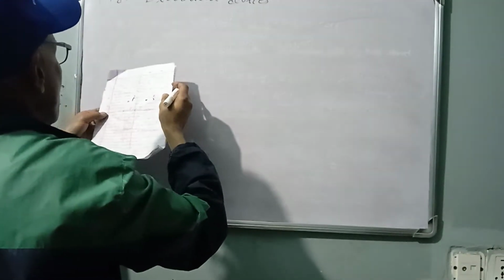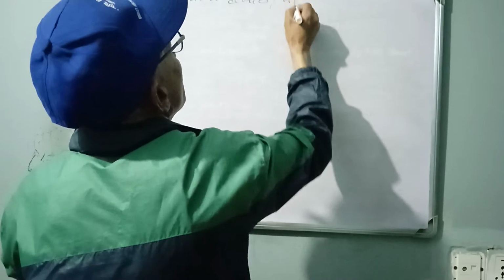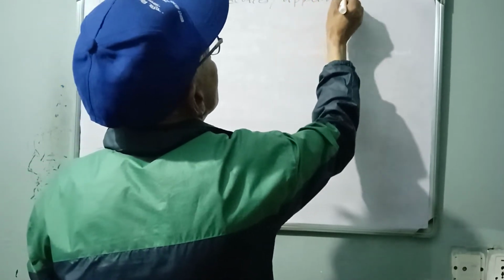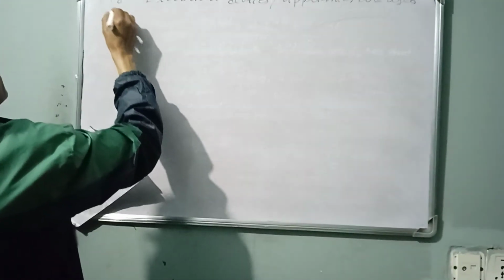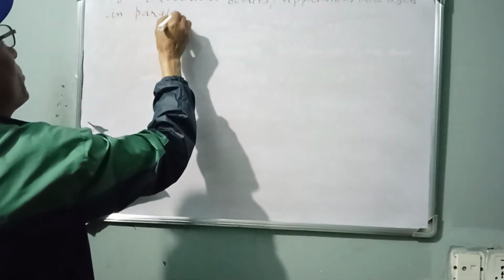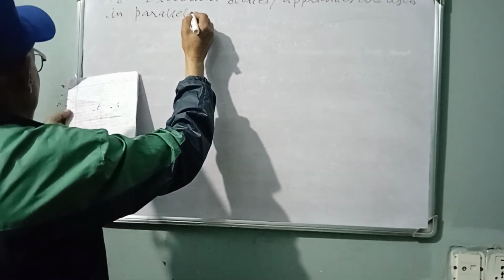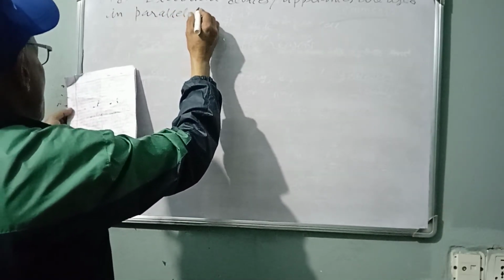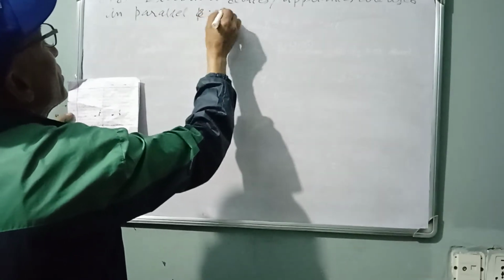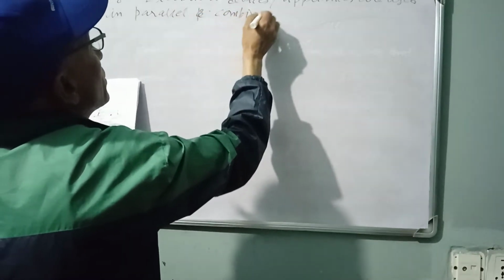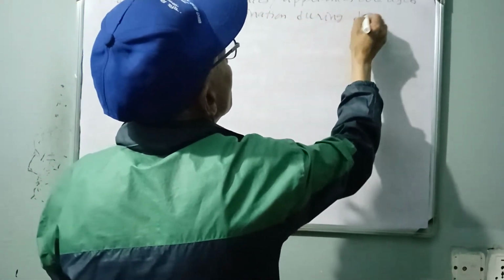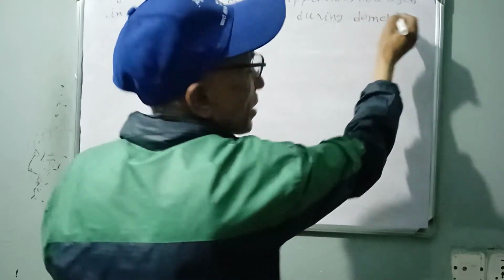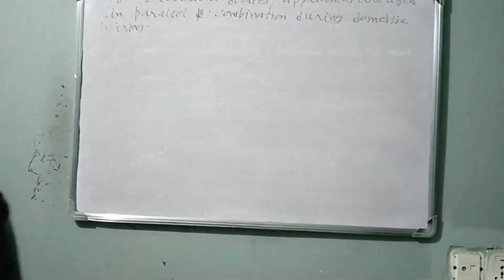See, electrical appliances or devices, both are same. Appliances are used in parallel combination during domestic or house wiring. What is the meaning?